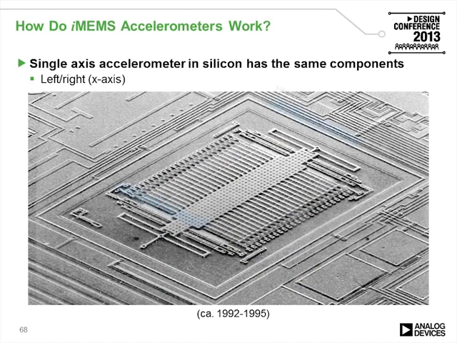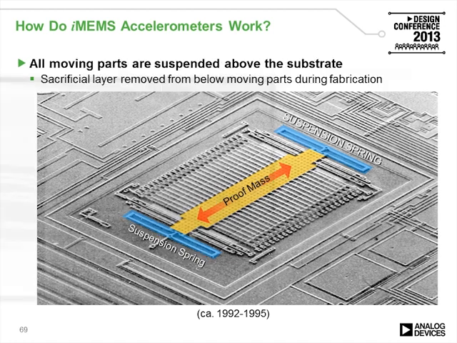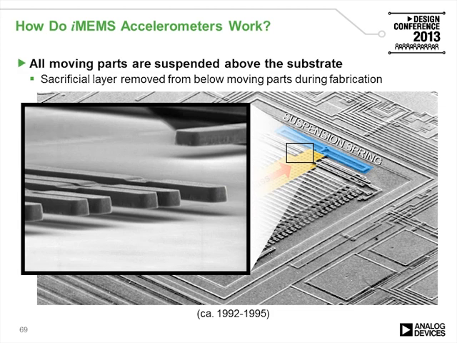Here's another view. Springs in blue, proof mass in yellow, and acceleration or movement shown by the red arrows. Now, looking up close, you can see that this structure is actually suspended and free to move, and that's what allows the structure to move in response to acceleration or inertia. That's actually the special feature of an accelerometer.